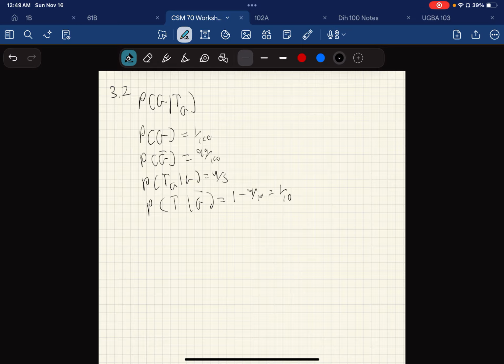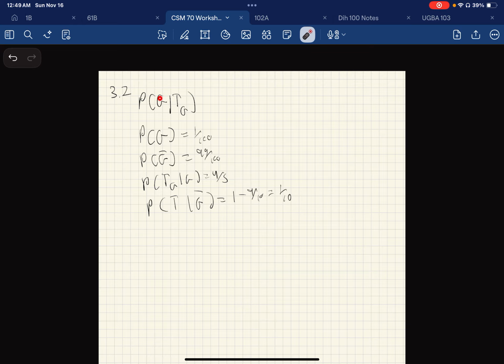So going over the notation I used here, I have G and T as my events.